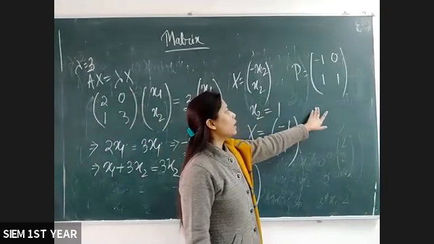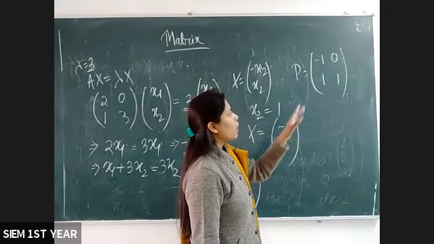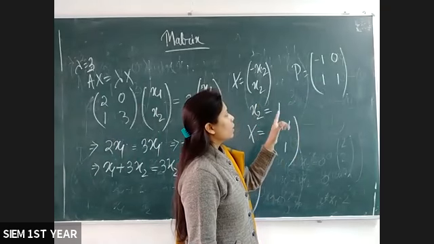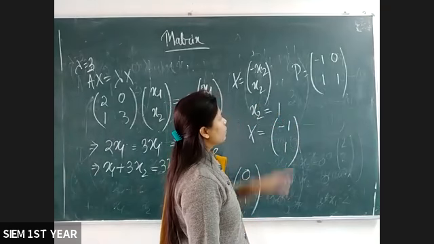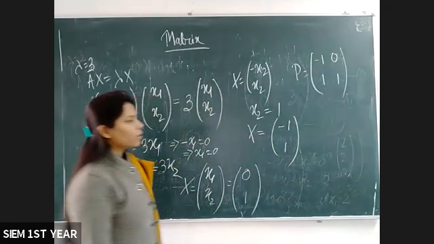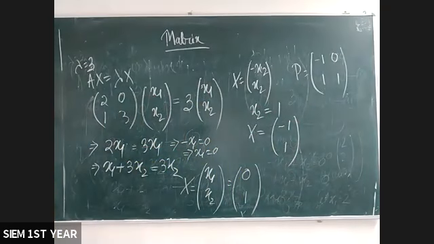You can easily find this inverse. You already know 1 by determinant of P into adjoint of P, so you already know how to find P inverse. So this is the whole concept of eigenvalues and eigenvectors.